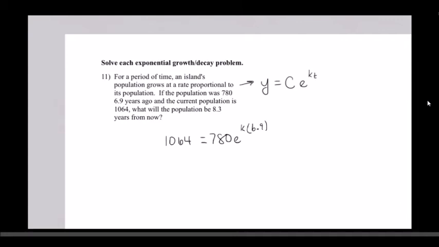So if we solve this, then we have... And then to get k by itself, we're going to use a natural log.